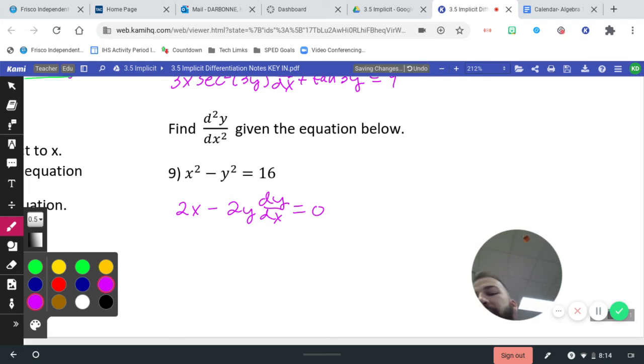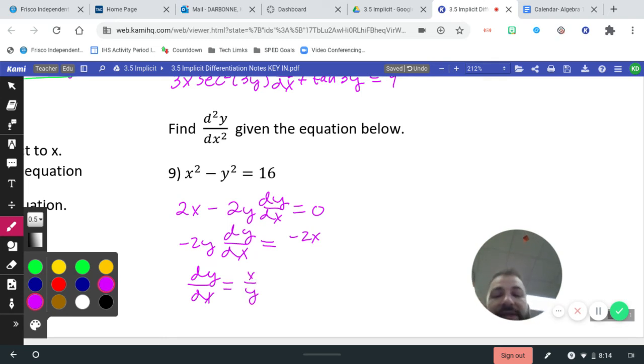Move over the 2x, so negative 2y dy over dx is equal to negative 2x. Then divide over the negative 2y, so dy over dx is equal to x over y, because the negative and the 2 would cancel out. And that is our answer for the first part.